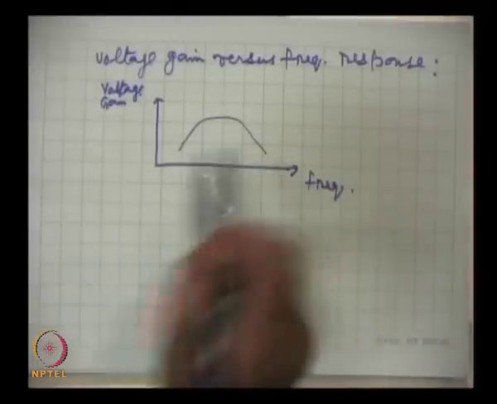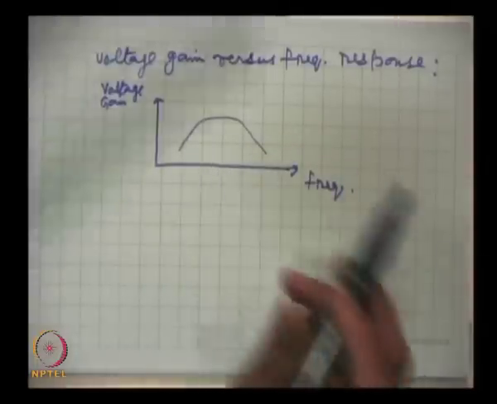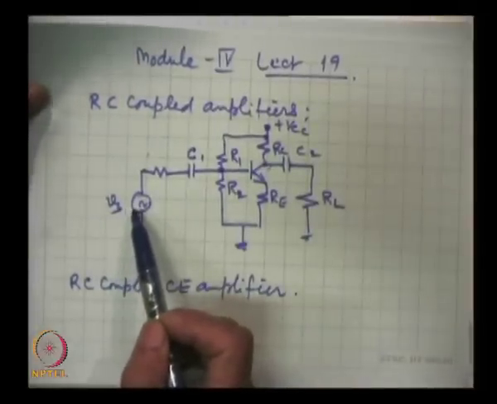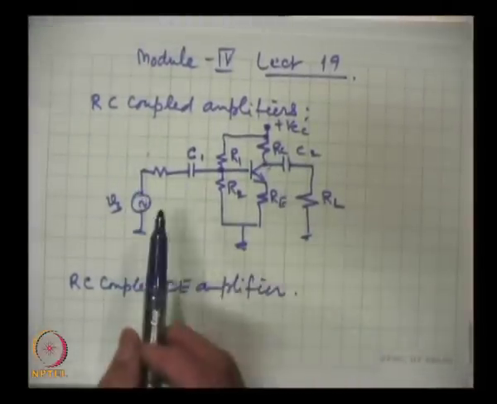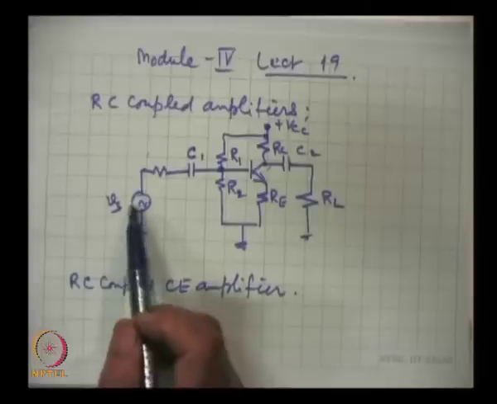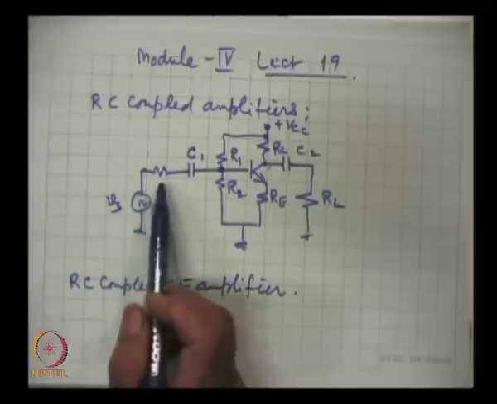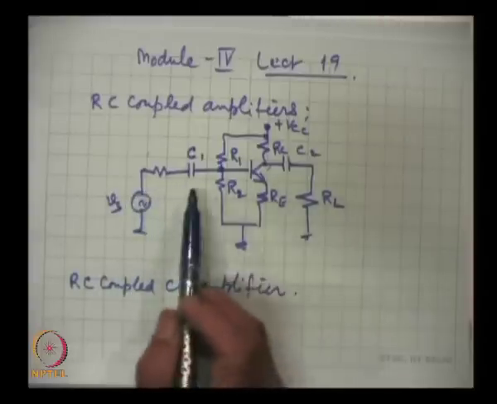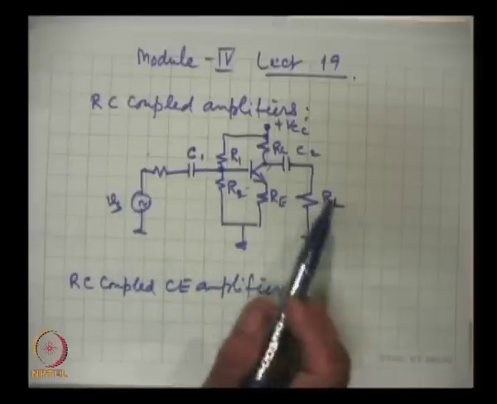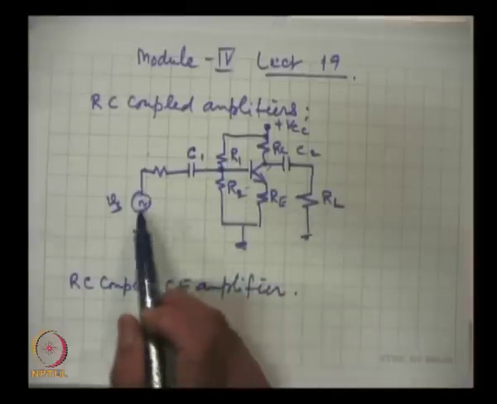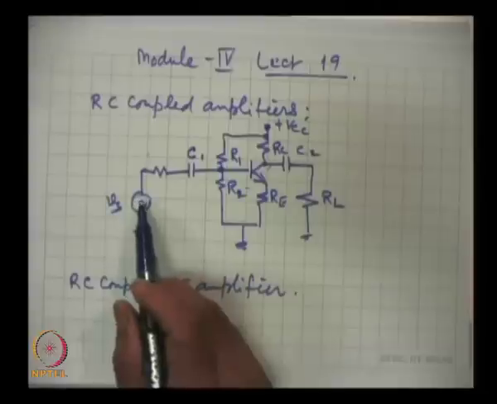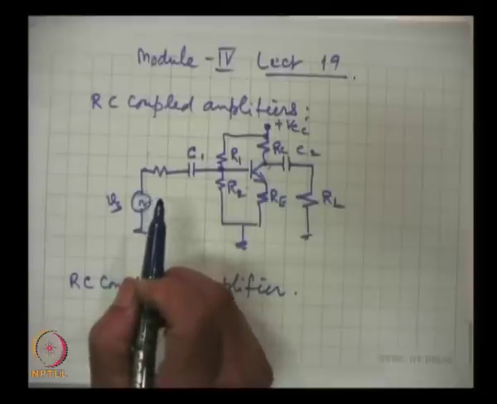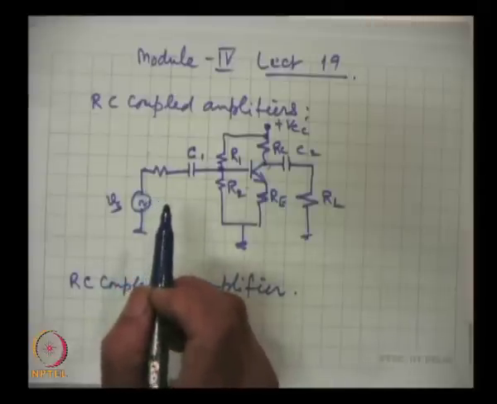What does it say? We are taking that the signal frequency is varied. We start with a very low frequency and then keep on rising, so the frequency goes over a few orders of magnitude. We assume here that the signal strength does not change with the frequency.